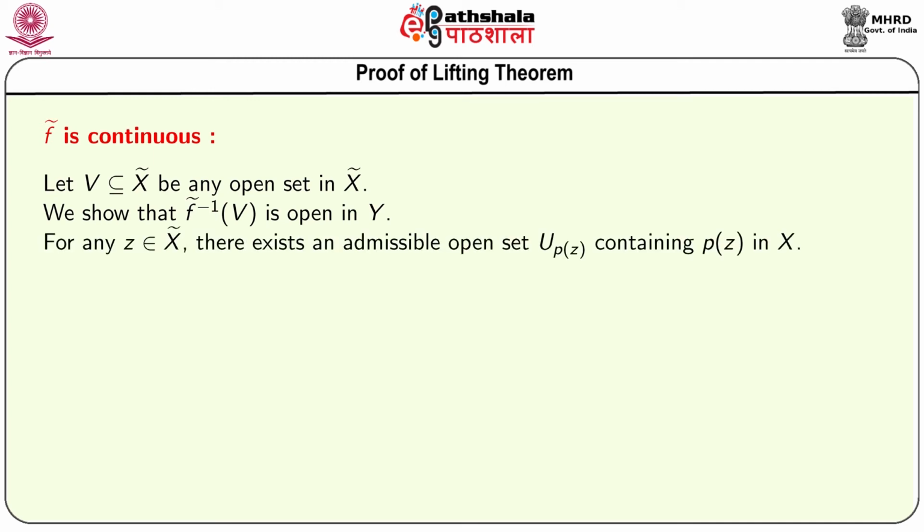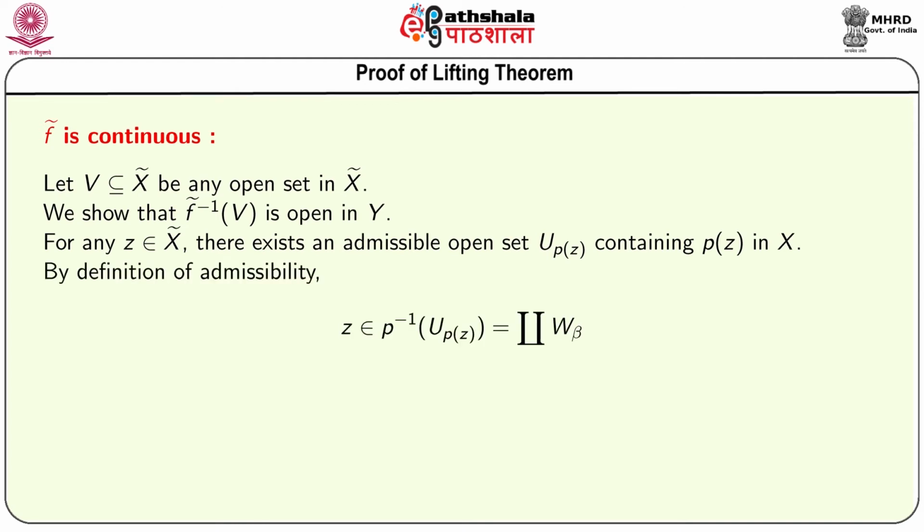For any Z taken from X tilde, there exists an admissible open set U containing the point P of Z in X. By definition of admissibility, P inverse U is expressible as a disjoint union of some open sets W beta.